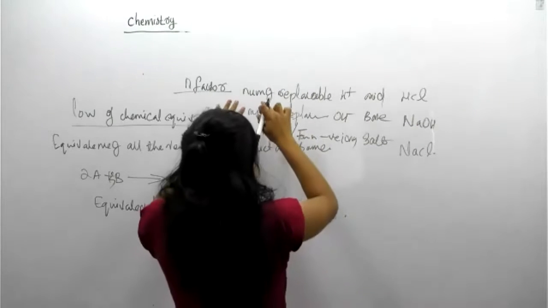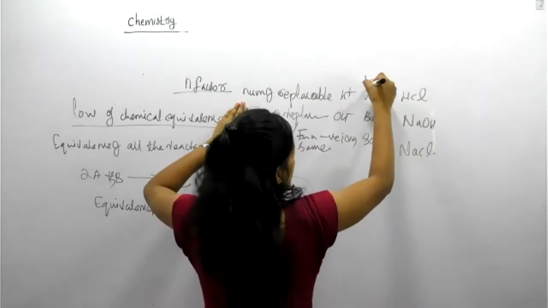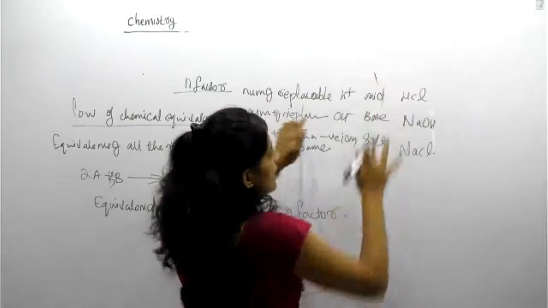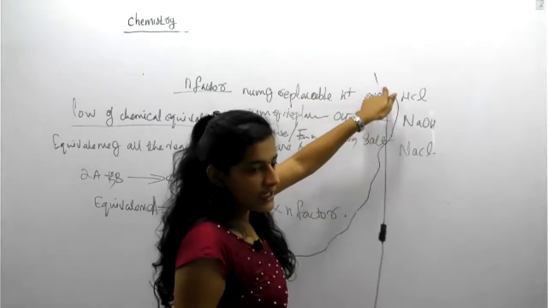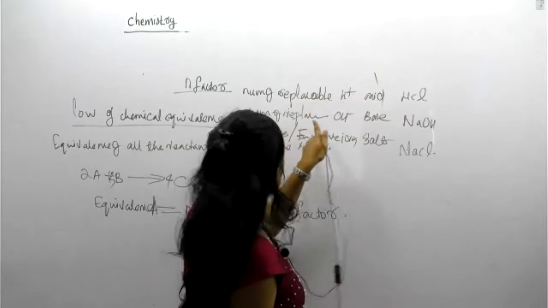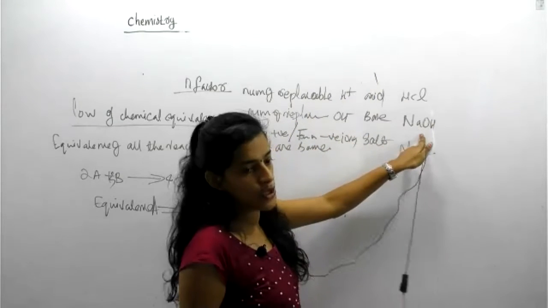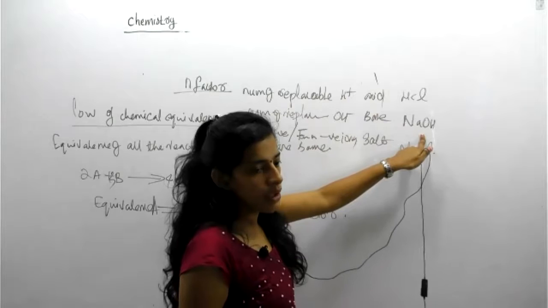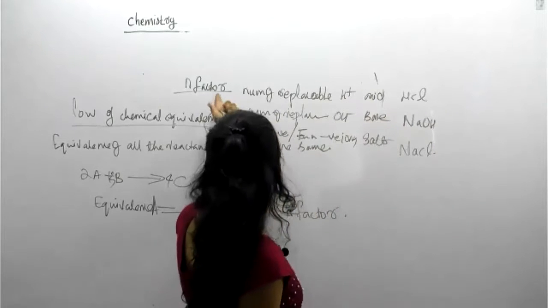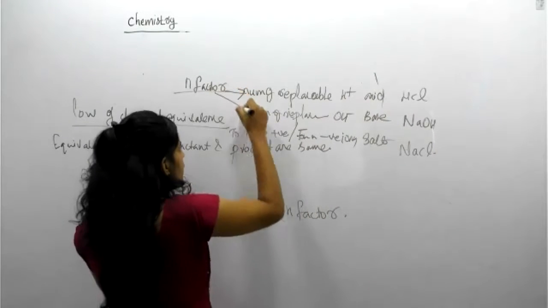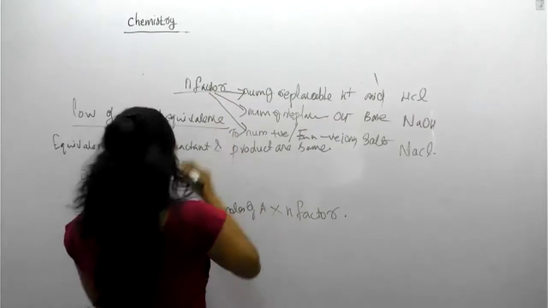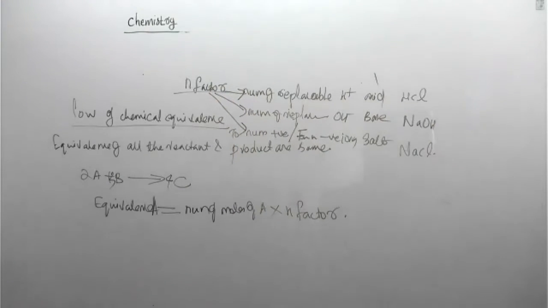That's why the n factor of HCl is 1. Then what about the number of replaceable OH minus in NaOH? The n factor in acid, base and salt is like this.